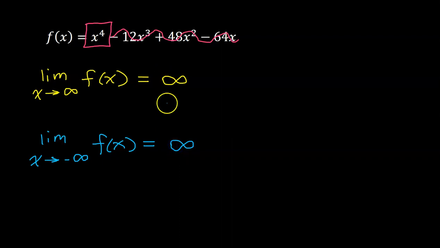All right, so positive infinity on both sides. So obviously there's no horizontal asymptote. Polynomial functions don't have horizontal asymptotes, but this tells us that the end behavior is increasing on the left, and it does whatever else it does, but it's also increasing on the right.